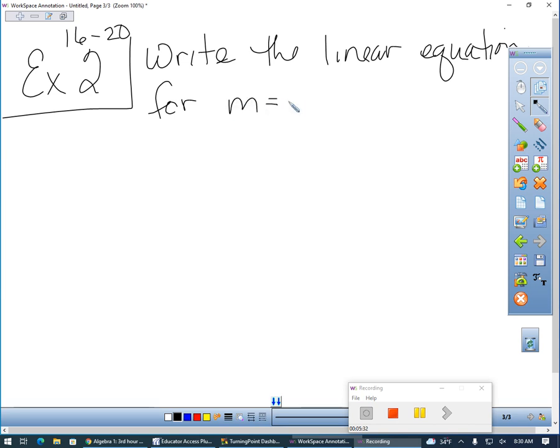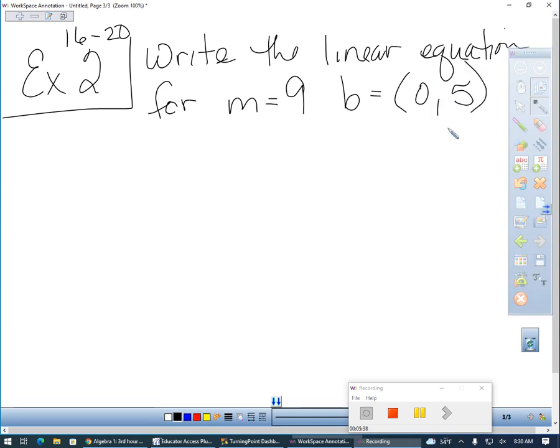M equals 9 and b equals 0, 5. So this time we're going to take that information and put it into your equation. So we have y equals, what's my m? 9. So we have 9x plus 5, exactly. That's it.